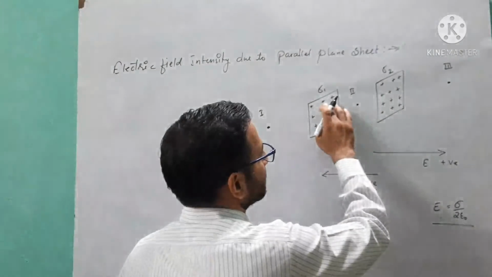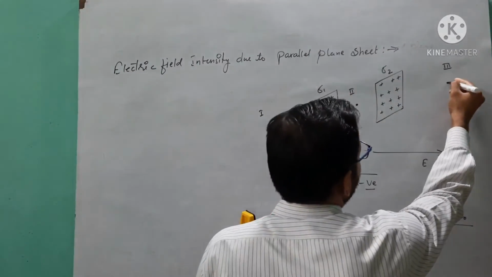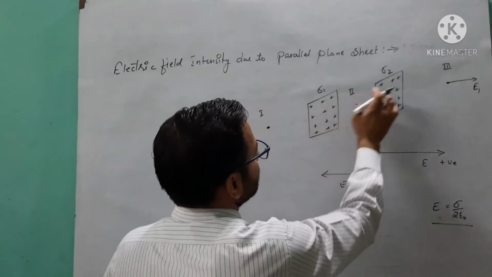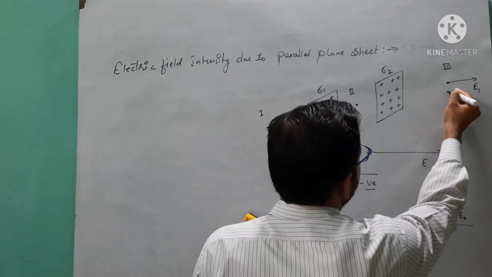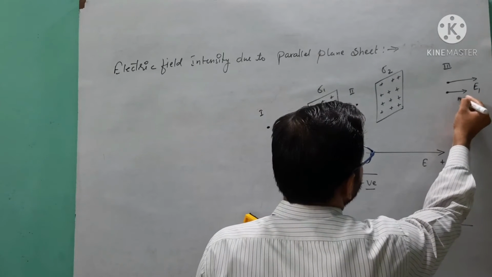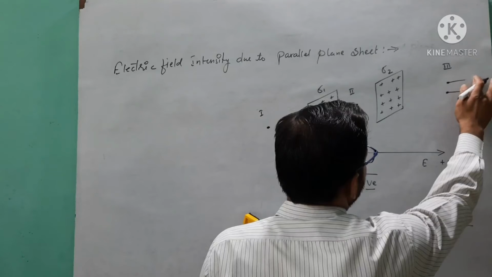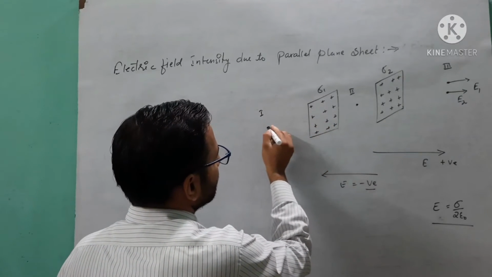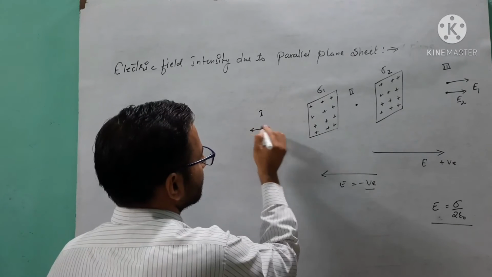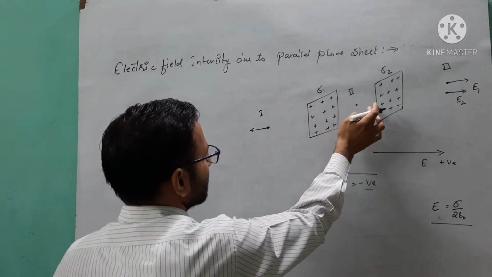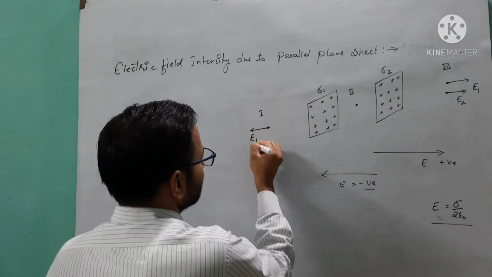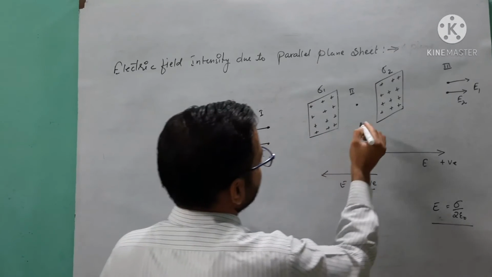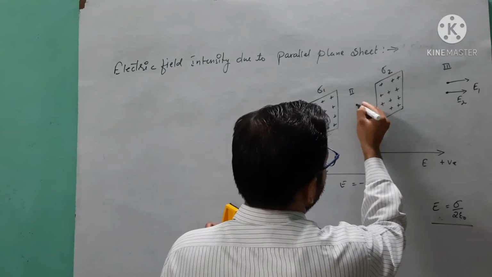As this is our sheet 1, the electric field at this region is E1 and similarly the electric field at this region due to this is E2. Similarly here also, with respect to this it is E1 and with respect to this it is E2.